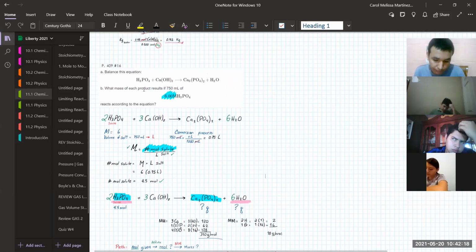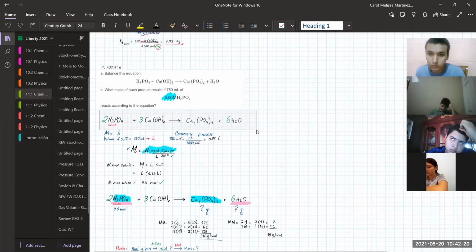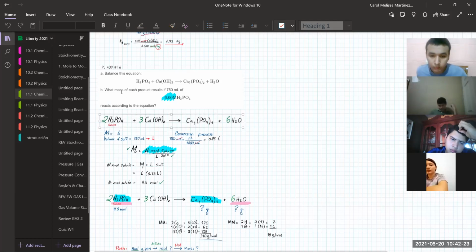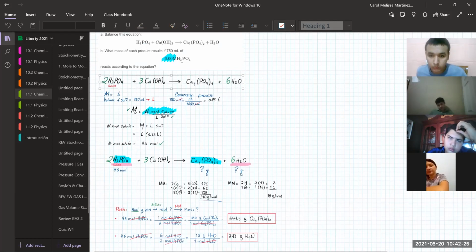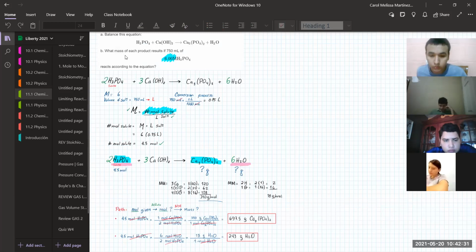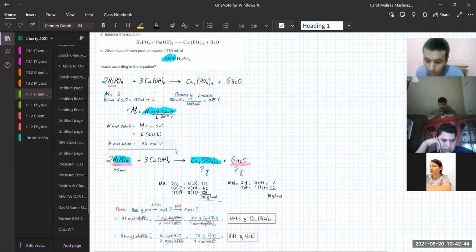So as a review, we do the balancing process, okay? It says mass of each product results. They're asking you for mass, not for number of moles. And they're giving you the volume. So you have to do a conversion process from milliliters to liters by dividing by 1000. And then isolating to get the number of moles of solid.